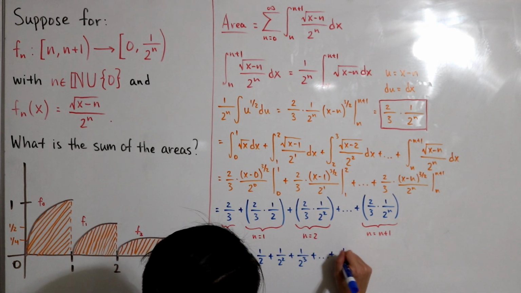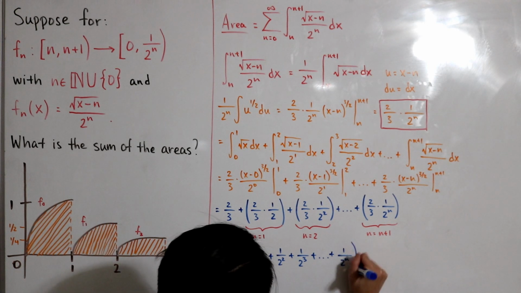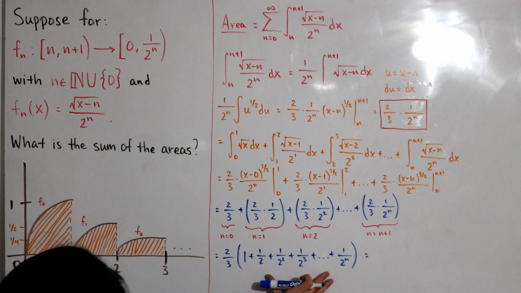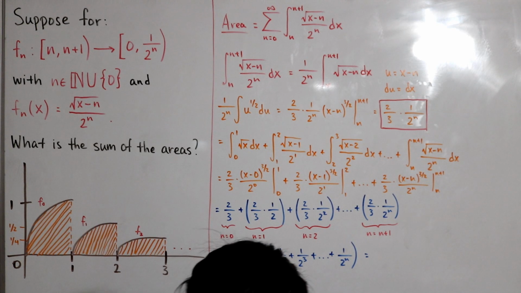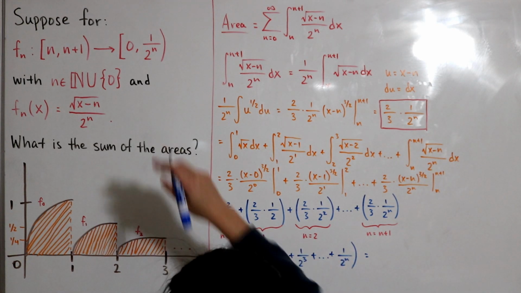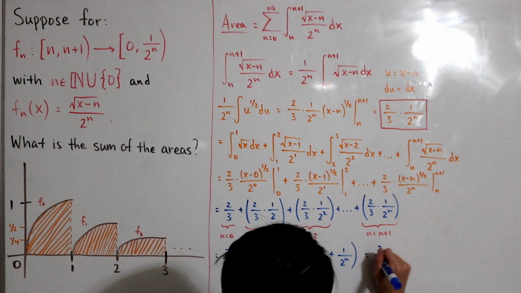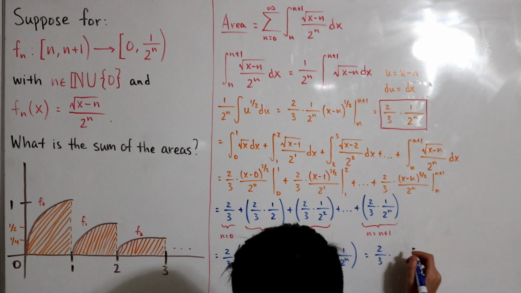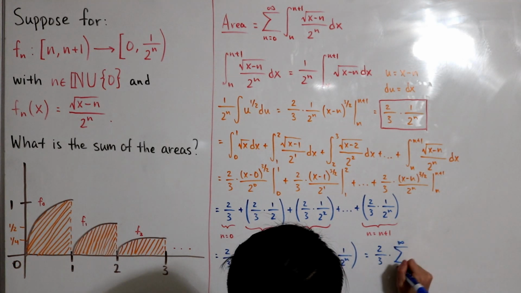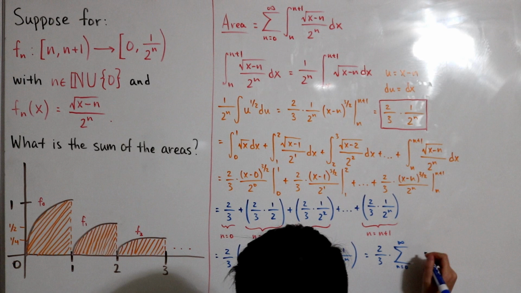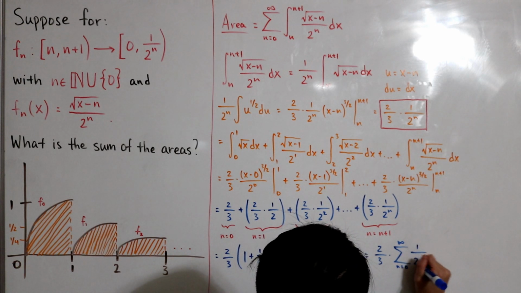Then we have 1 divided by 2 to the power n. What you'll notice is that in the parentheses, we can actually write this as an infinite sum, since we're taking this as it goes to infinity as well. So here we have 2 over 3 multiplied with the infinite sum from n equals 0, of 1 divided by 2 to the power n.